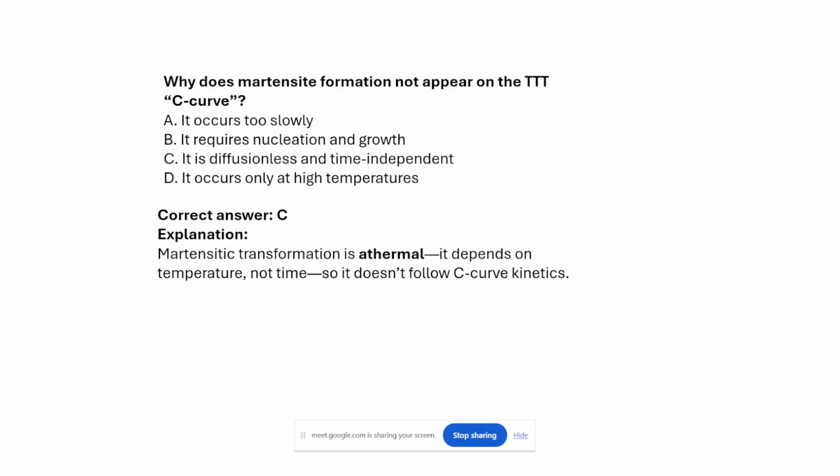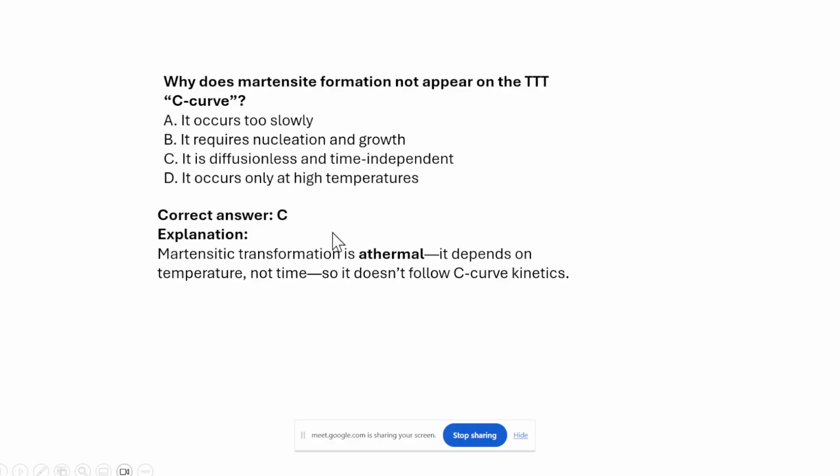Yes, because once it touches the martensitic starting point, however much time you hold it, it is not going to change. It is not going to diffuse anything, because at the martensitic starting temperature, around 150 degrees, diffusion is much less. So it is nothing but diffusionless. Even though you hold it for any time, there will be no transformation. That is the time independent. So the answer will be C.